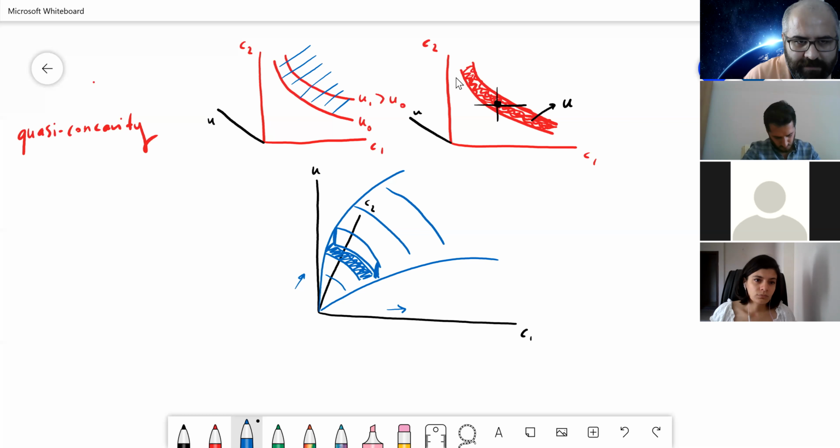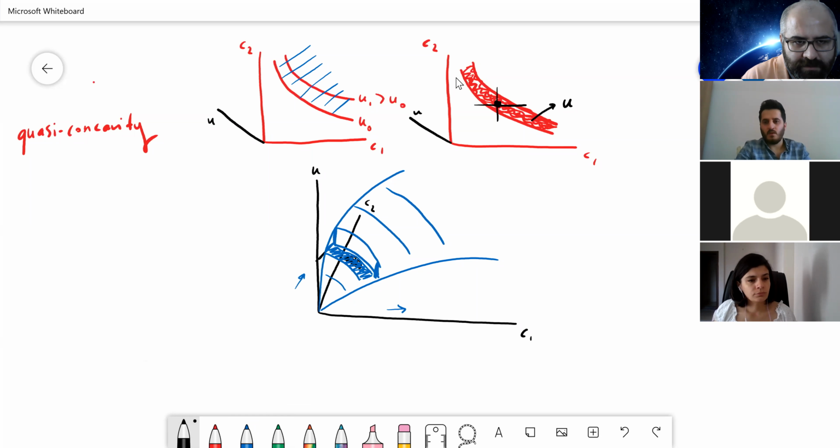But in quasi-concavity, there are regions that are flat, okay? So here, there's a flat region. It's like a road on the edge of a mountain, okay? Imagine a road on the edge of a mountain. So here, there are an infinite number of C1, C2 pairs that give you the same utility, okay?